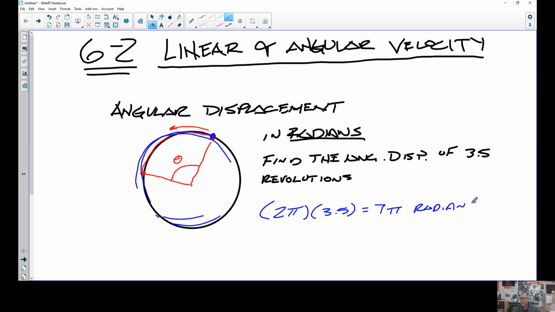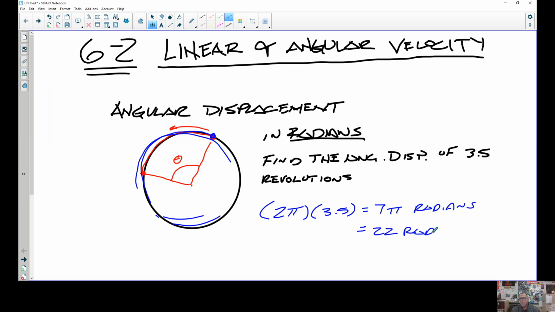Now, if they ask you to do this to the nearest tenth, then you would take that 7 pi and multiply it out. What is 7 times pi? 21.991, so we'd say 22 radians.